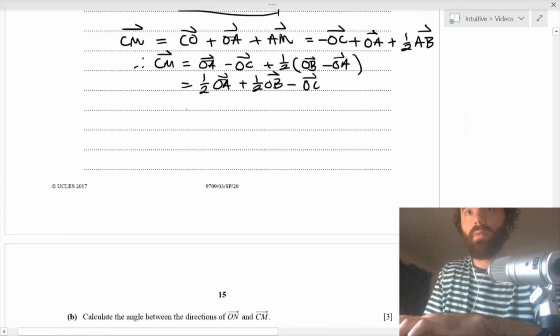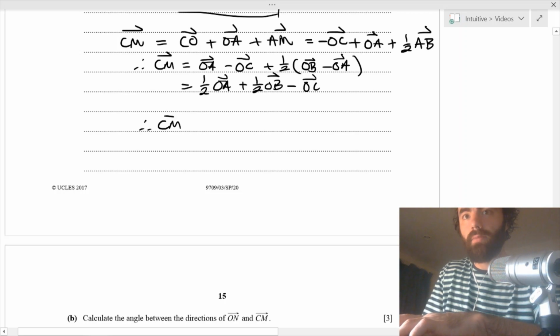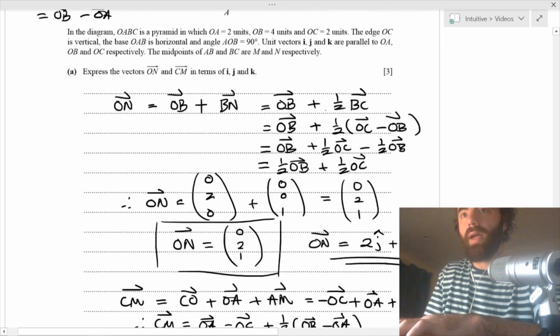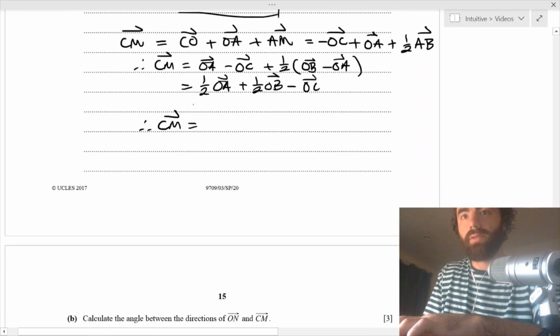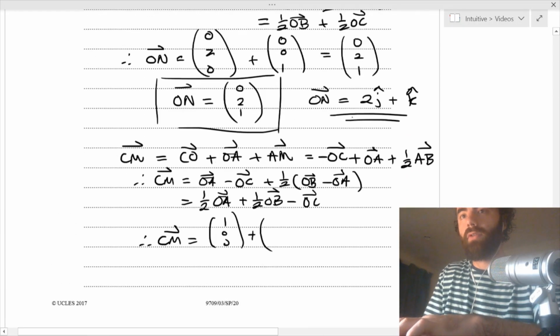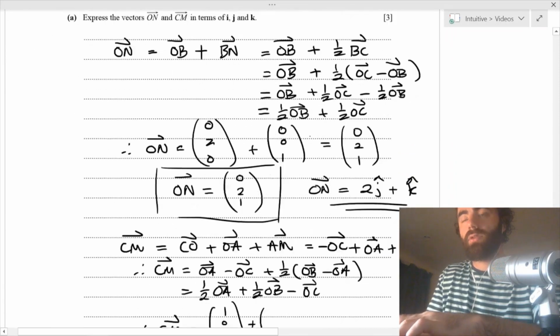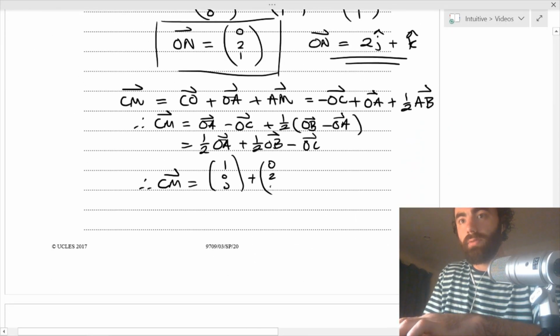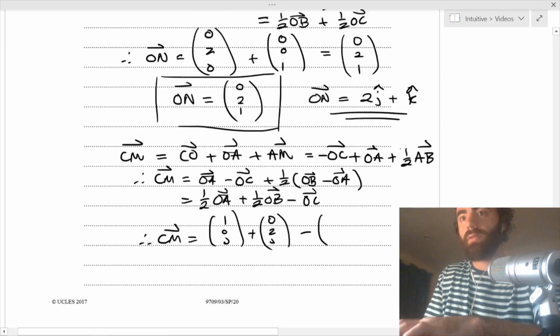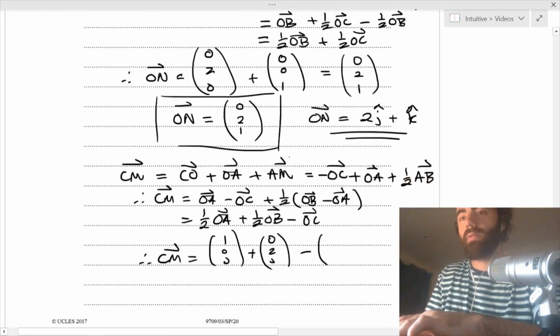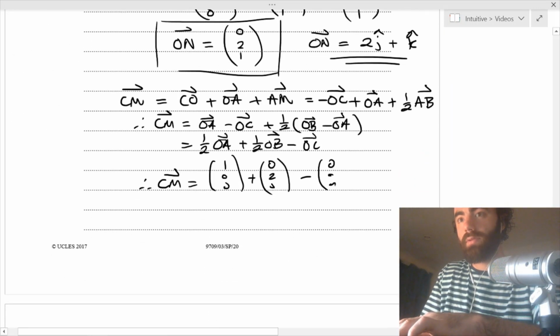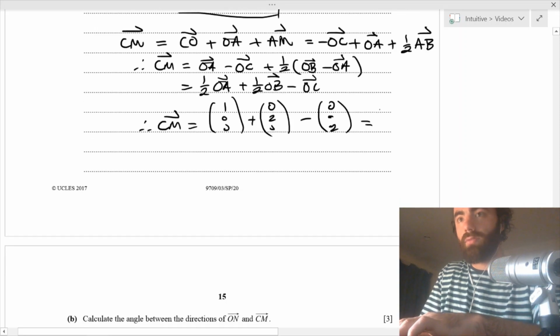Therefore CM equals a half of OA, which is 1, 0, 0, plus a half of OB, which is 0, 2, 0, minus OC, which is 0, 0, 2. So this is going to equal 1, 2, and minus 2.